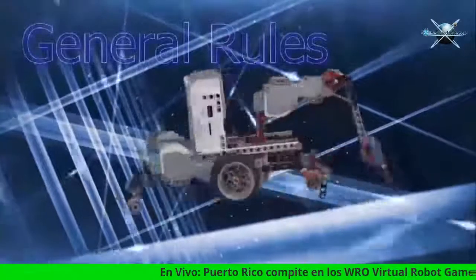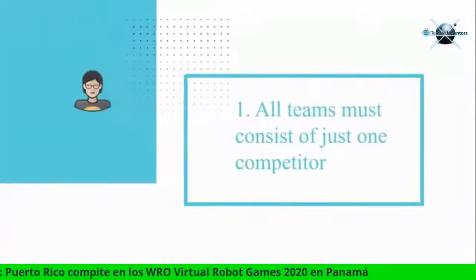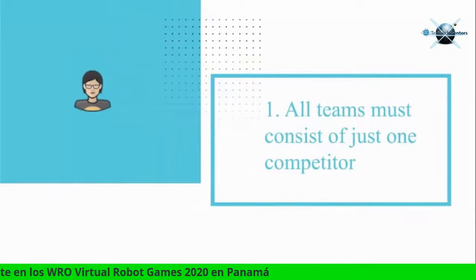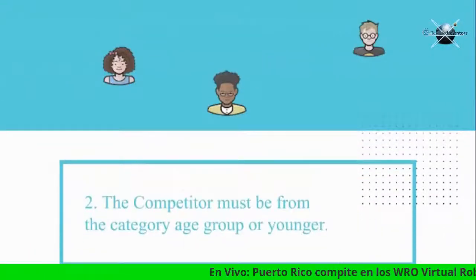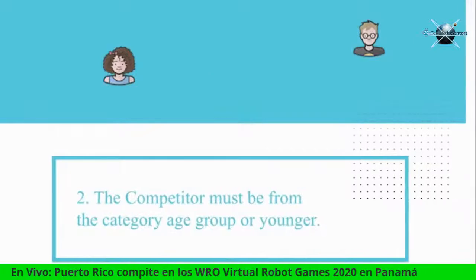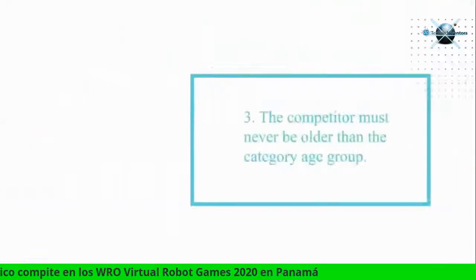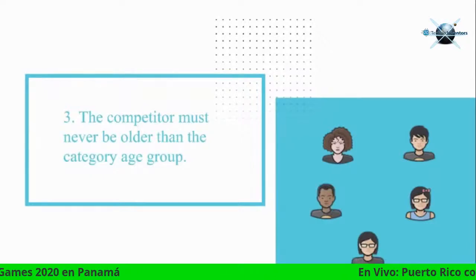Now, let's start with the general rules. First point. All teams must consist of just one competitor. Second point. The competitor must be from the category age group or younger. Third point. The competitor must never be older than the category age group.